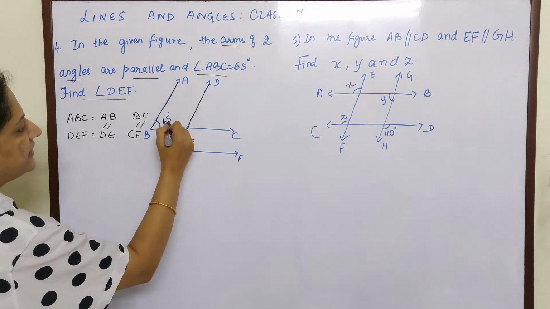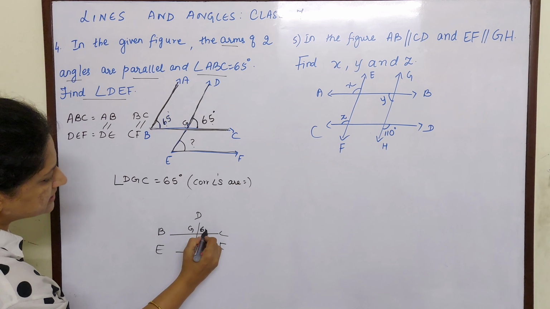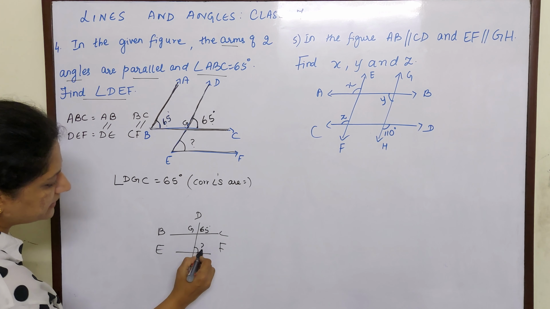Okay. Now we will take BC is parallel to EF. And now here DE is the transversal. So if the meeting point of BC is G, let me keep this here. Now this is 65 children, what will be this? What pattern do they form?